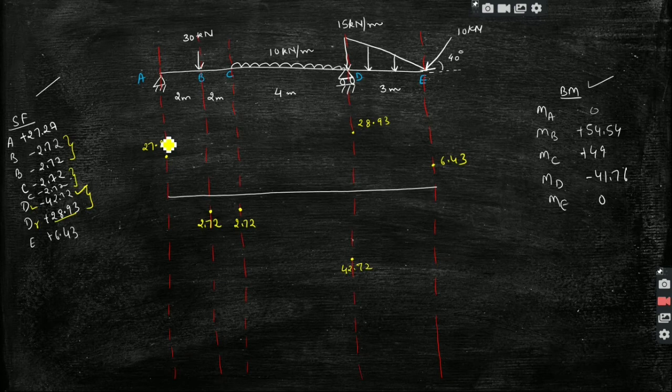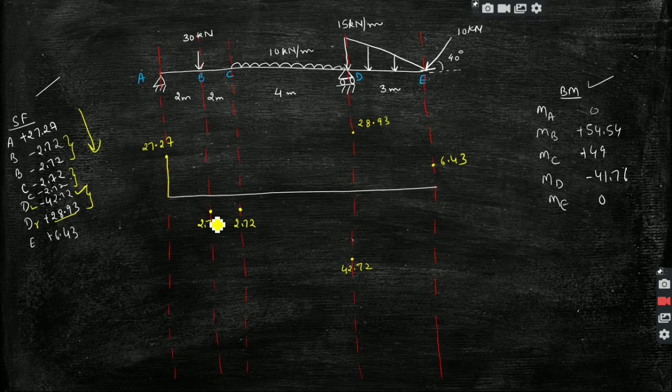So you will start from the direction you are moving, either from this side or this side. Okay, so I am moving from A to E because I have solved the question in this direction only. So first is 27.27 at A, then at B we have minus 2.72.